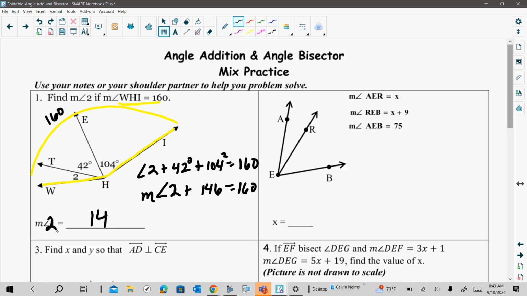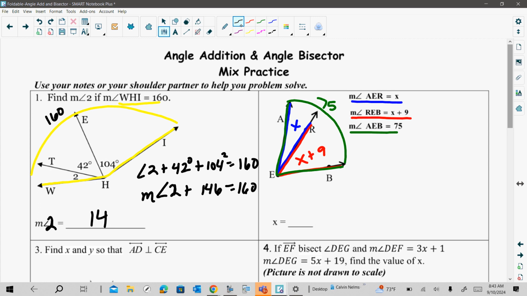Alright, on number 2 here, you need to label the givens. Angle AER is the x, so the x should be inside that angle. Then they give us angle REB. If I trace that, that is x plus 9. And they tell us AEB, that represents the whole angle, that is 75.